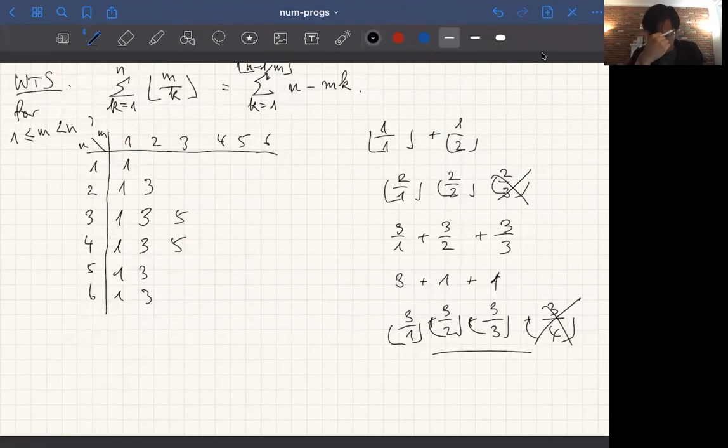The row here should be 1. This should not be a 4. It should actually be 2 over 1, 2 over 2.